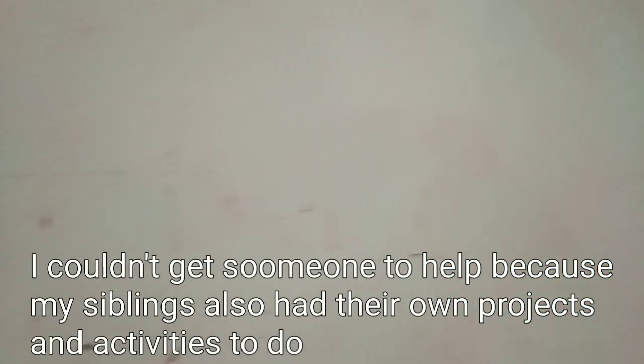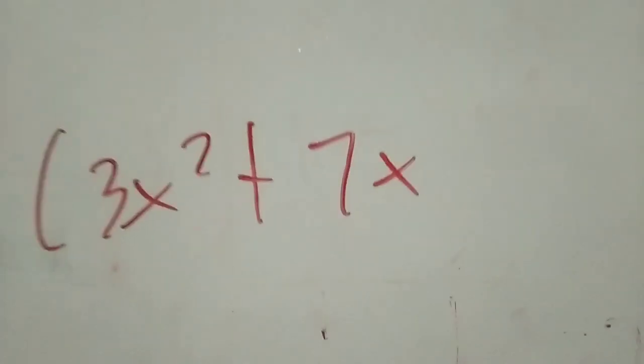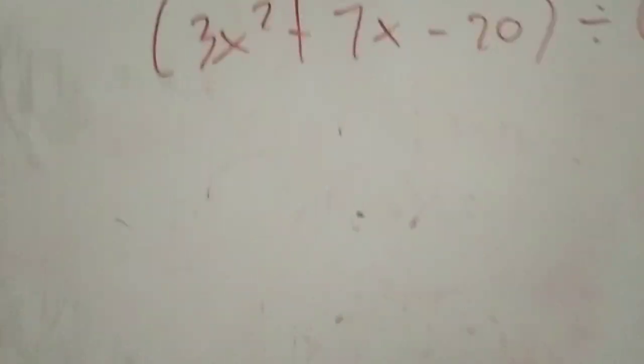So here's another example, and this example is different from the rest. 3x squared plus 7x minus 20 divided by x plus 5. We do the same.